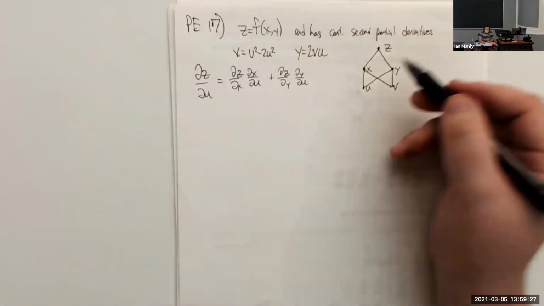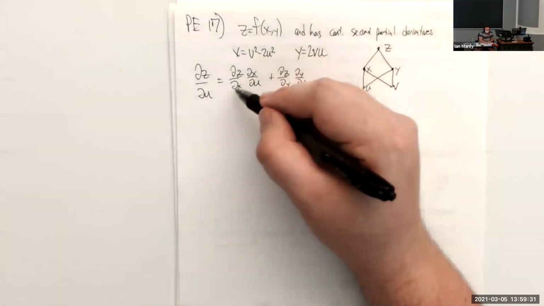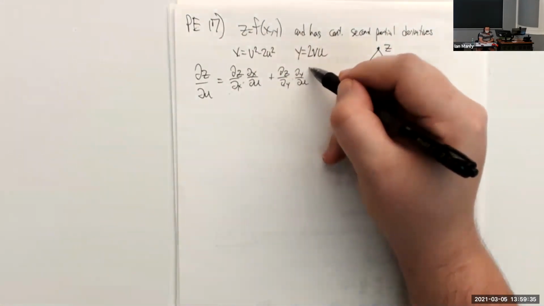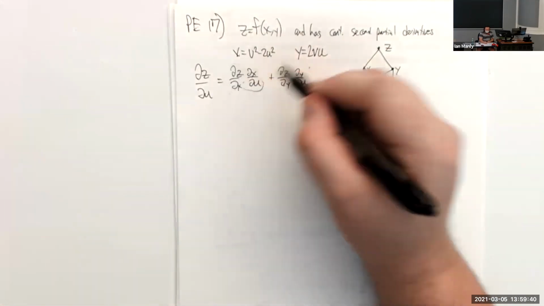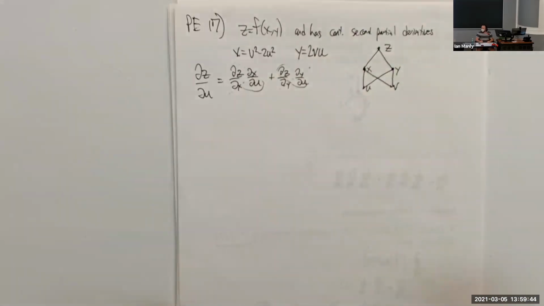Another way of thinking about this, if you don't like the tree diagram or you're confused by them, is to think of these as fractions and imagine that we cancel these out. You need to have all of the different ways of getting partial z, partial u. So there's the way where you can cancel out the x's, and there's the way where you can cancel out the y's. That's another way of thinking about the chain rule here.